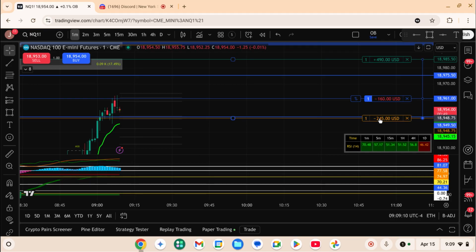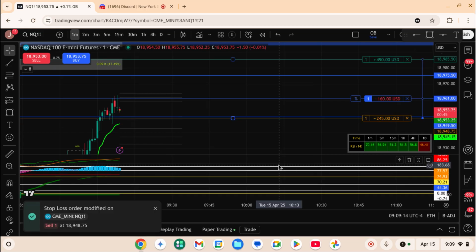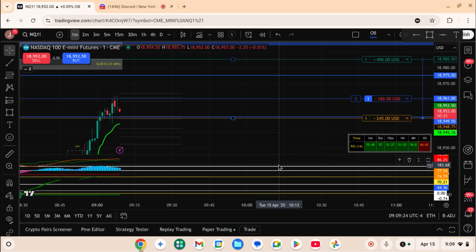Actually, let's put the stop right here, just to risk a little bit less. As soon as we get a bullish candle close, we'll move the stop loss above that bullish candle.